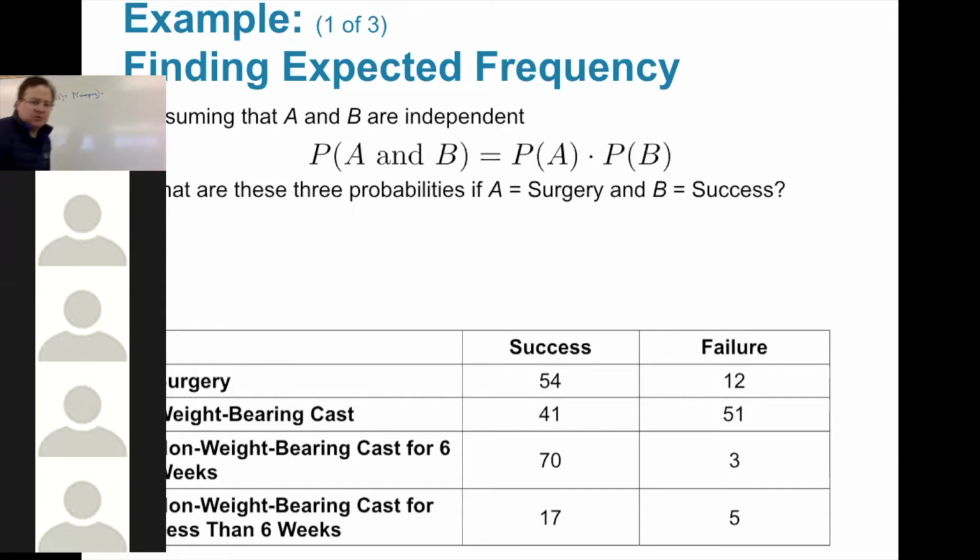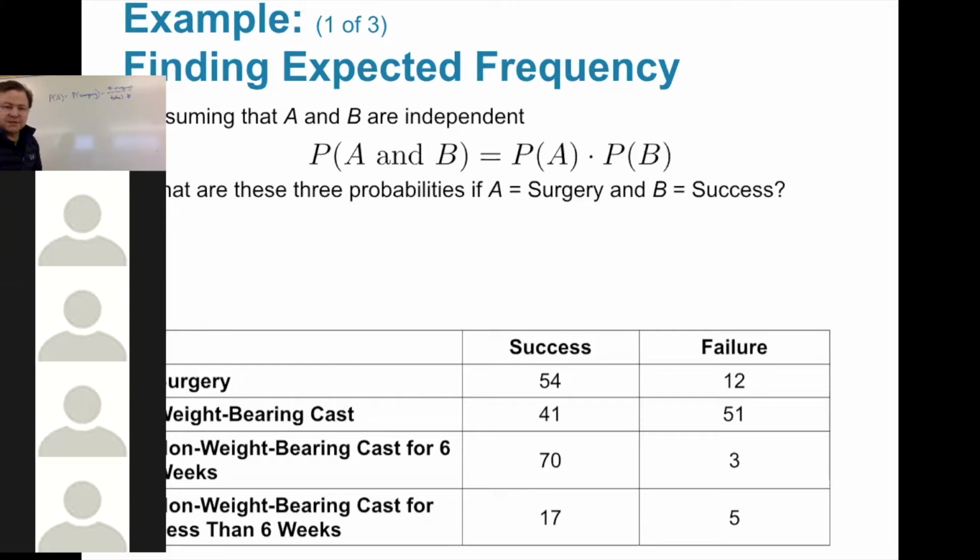As a quick review from chapter 4, the probability of a surgery based on this table is going to be coming from that first row where you see a 54 and a 12. So the first question I would ask is, what's the total number and then the number of surgeries. That's our usual thing that we would have done back in chapter 4.